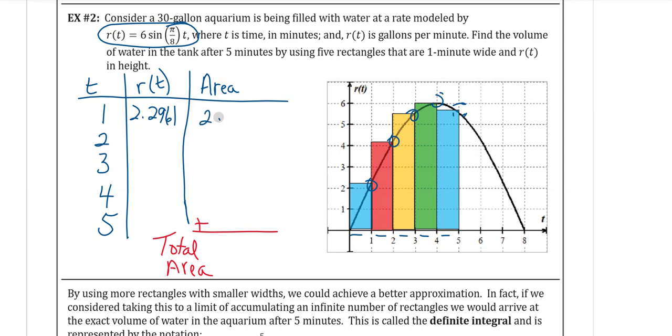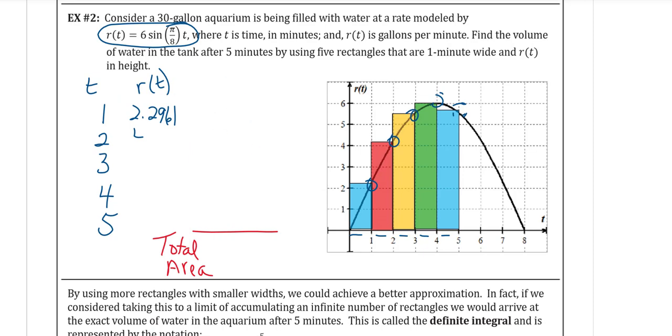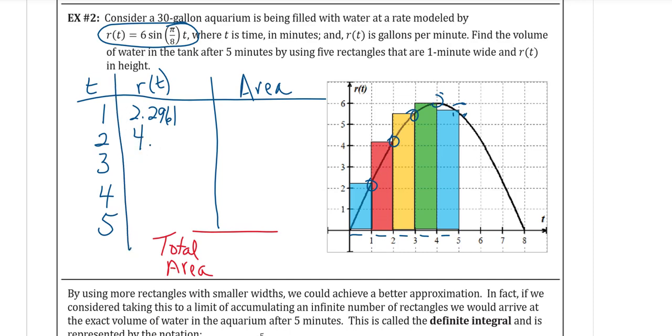And these are also going to be the areas, because all of these rectangles are 1 unit wide. The next one is 4.2426. Let me make this a little wider.